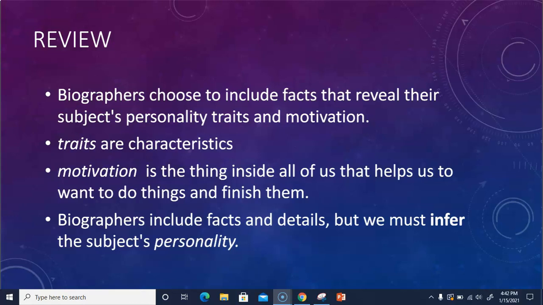Biographers include facts and details, but we, the reader, must infer the subject's personality. And that, in my humble opinion, is where the joy of reading comes from, because I'm getting involved in that as a reader. So that's our lesson for today on the way biographers include facts that help us infer their subject's personality and motivations.